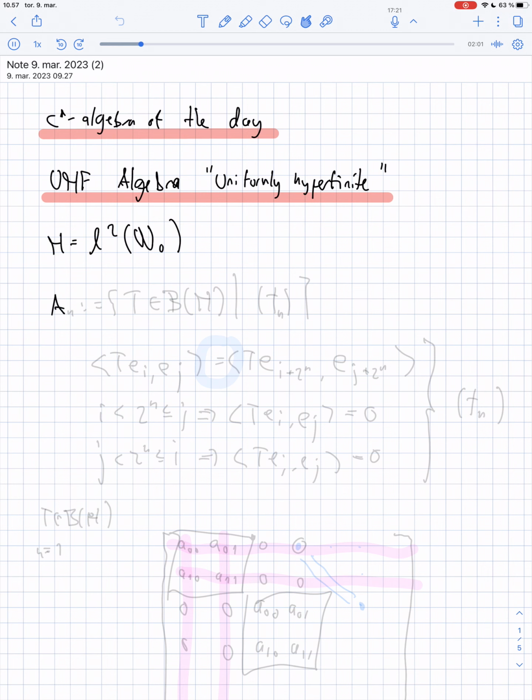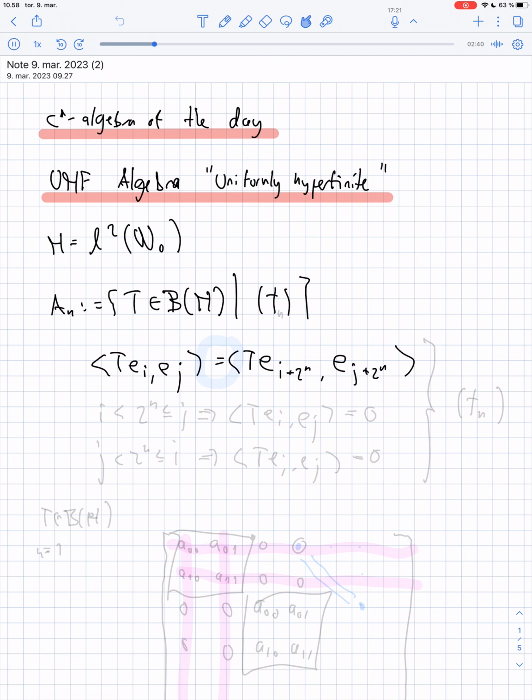And so what I'm going to do is define AN to be the set of T's in B of H satisfying some conditions that I will call dagger, and let me write them up. So <T e_i, e_j> will be the same as <T e_{i+2^n}, e_{j+2^n}>.